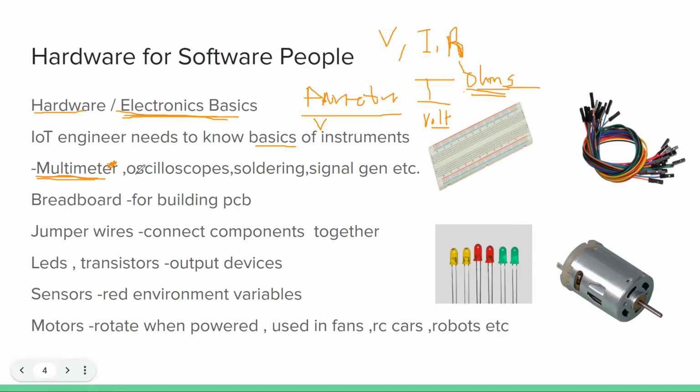Then the oscilloscope. Was there an oscilloscope in your high school? Do you know what an oscilloscope is? It is also used in an electronics lab. I'm going to show you a picture of how an oscilloscope looks. Does it have a connection with oscillations? Yes.